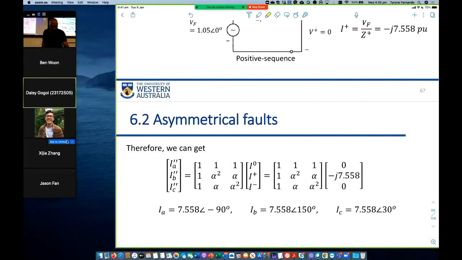Zero sequence is 0, negative sequence is 0, and positive sequence we calculated. So we can then calculate the currents flowing in A, B and C. This is a balanced circuit, so IA, IB, IC are also balanced, out by just 120 degrees.